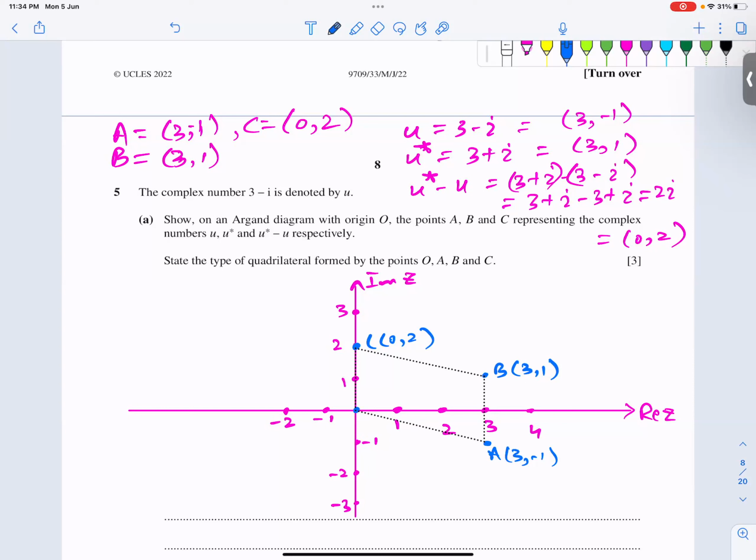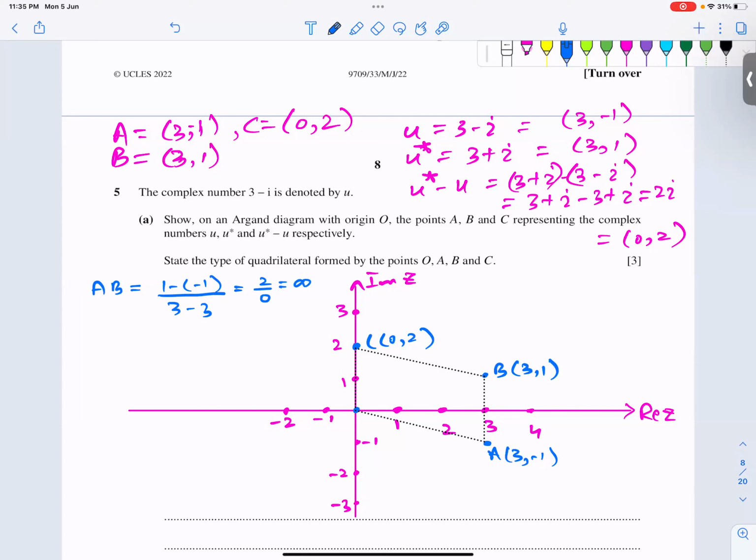When you see the gradients, let's suppose you find the gradient of AB. The gradient of AB will be, just like y2 minus y1 over x2 minus x1, 1 minus (-1) over 3 minus 3. This will be 2 over 0, that will be infinity.